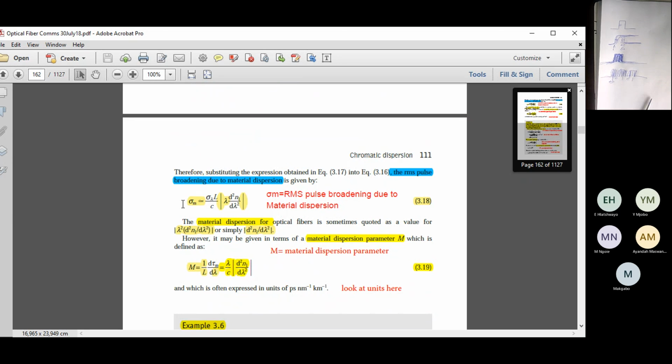Your material dispersion is due to the material in the fiber, and sigma m is sigma lambda over L over C. C is the speed of light, so you must know what the speed of light is, guys. We've done it in matric.